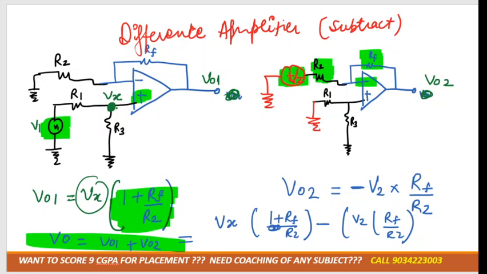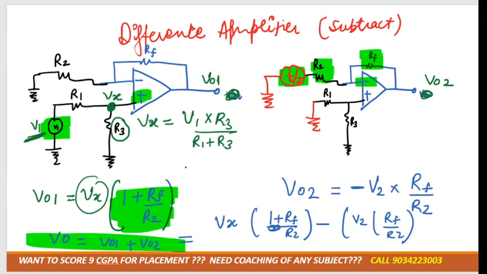We have to use the voltage division rule. Vx would be equal to V1 multiplied by the resistance across which we need to calculate voltage, divided by the sum of resistances.